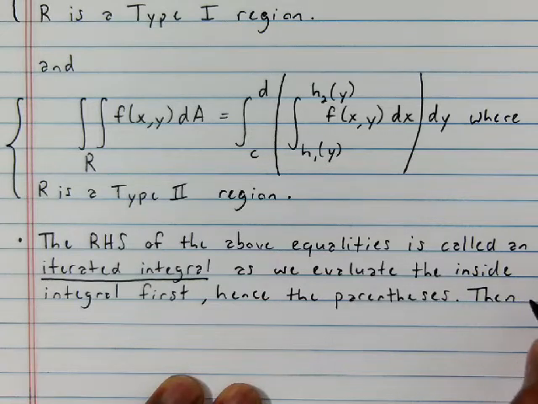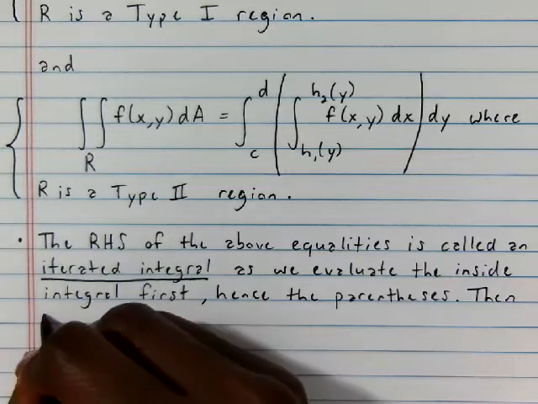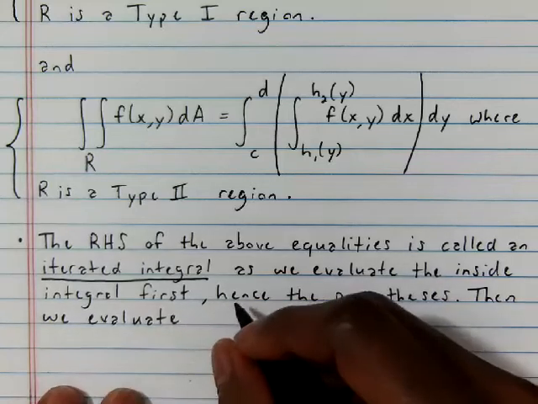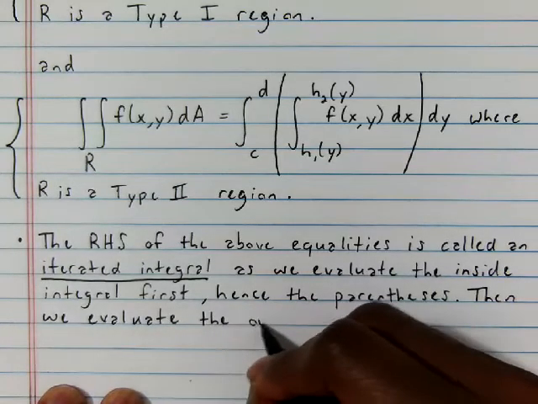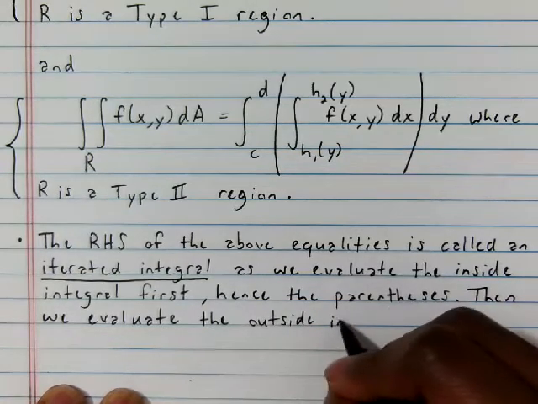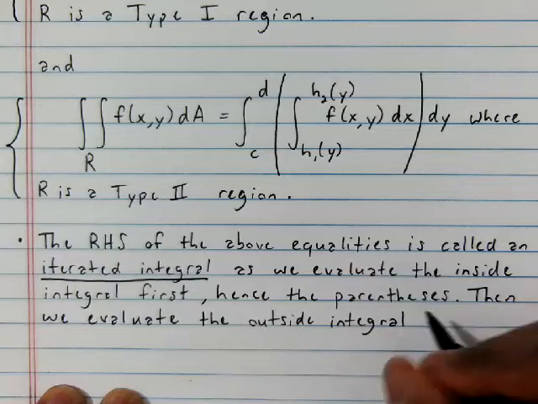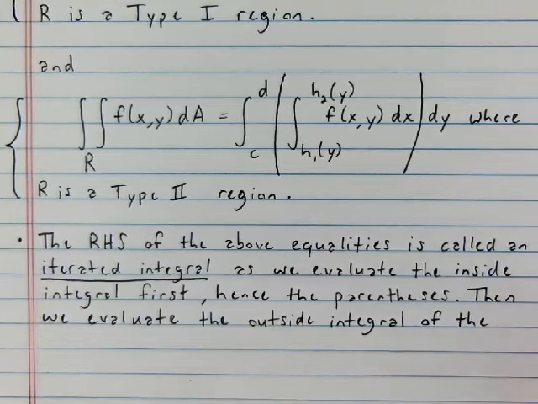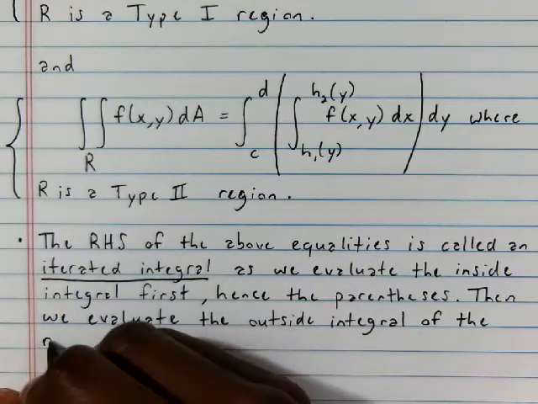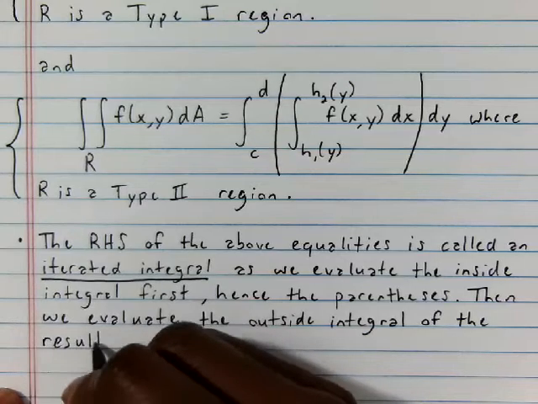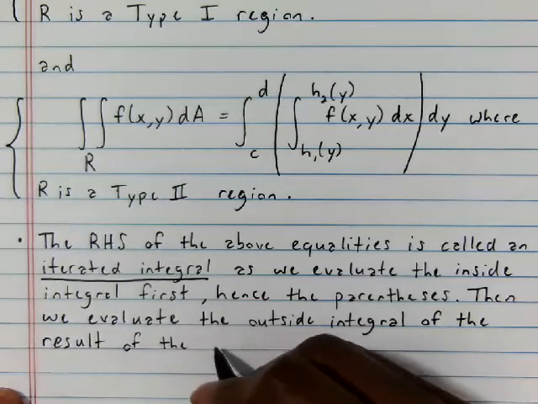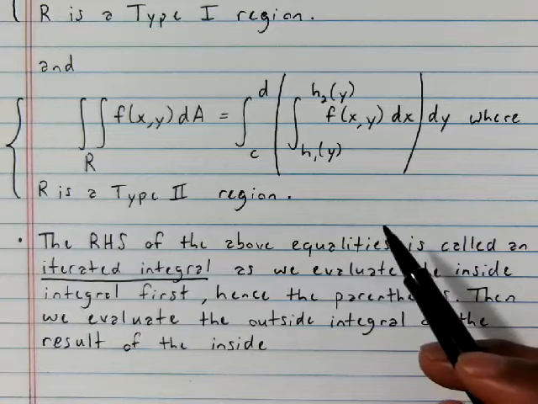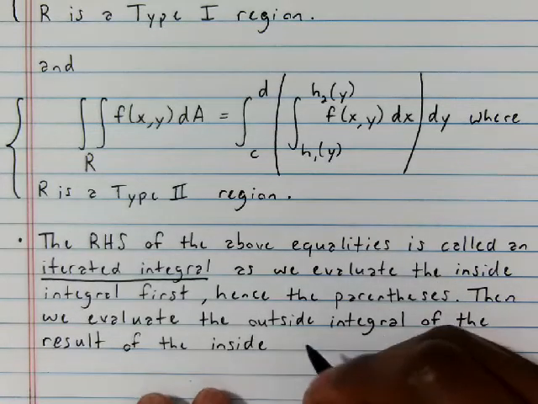Then we evaluate the outside integral of the result of the inside integral. So same thing that you are accustomed to with the parentheses. You do the parentheses first, and then whatever's left after that.